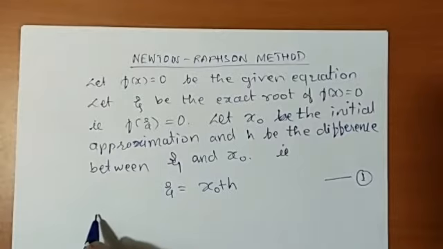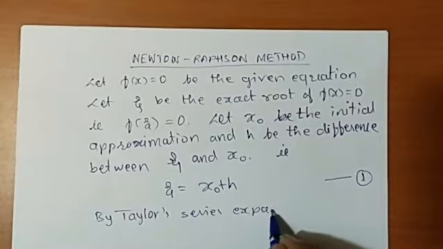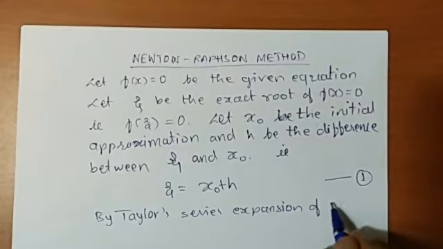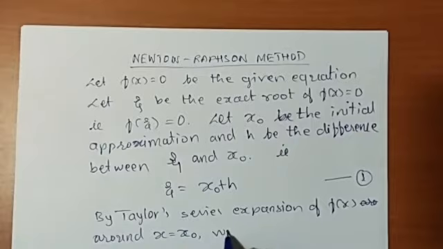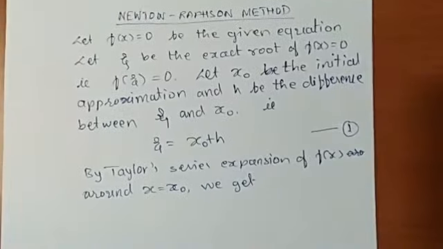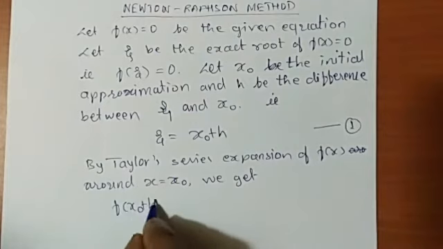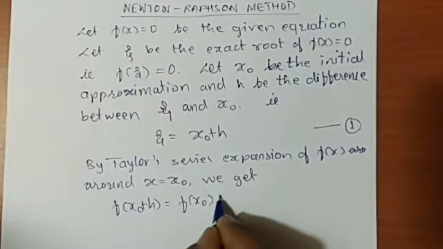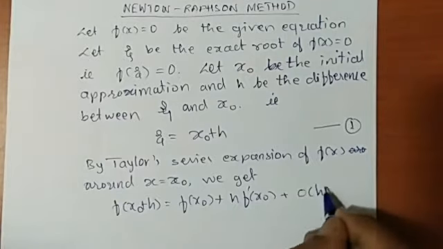So we know that by Taylor series expansion of f of x around x is equal to x naught, we get f of x naught plus h is equal to f of x naught plus h times f dash of x naught plus order of h squared terms.